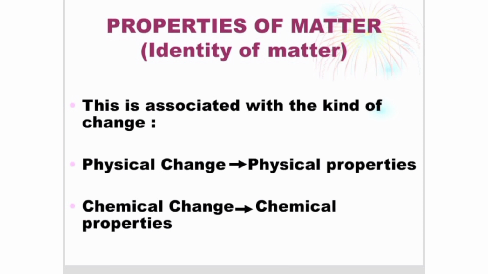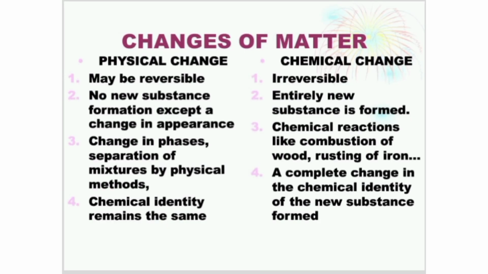In relation to the properties just discussed, we can conclude that matter undergoes two basic types of changes, which are the physical and the chemical changes. From the table on your slide, you'll be looking at the comparison, or rather contrast, between the physical change and the chemical change.